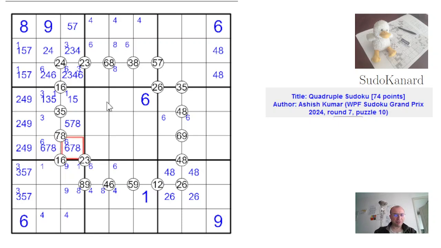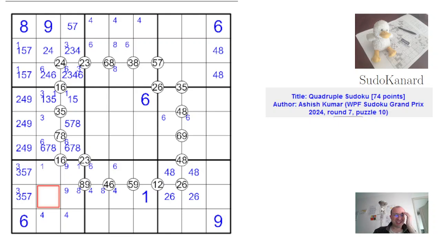I'm not sure it's useful to pencil mark that much. And I think we still have 4 candidates for this cell, so I won't pencil mark that at all. This cell is constrained. It doesn't include 1, 3, 4, 6, 9, 2, and 6.